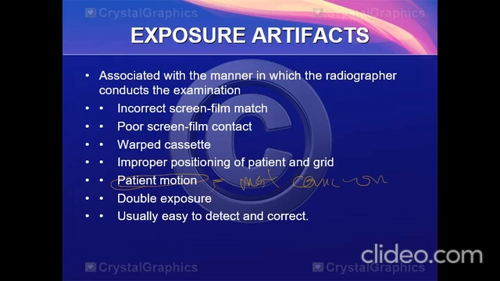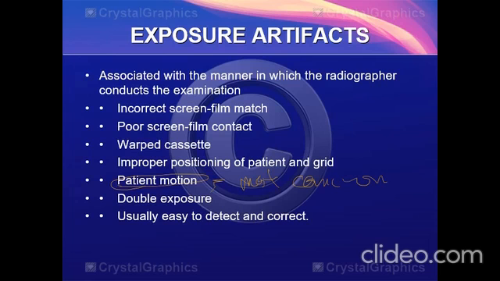Next is double exposure. So, if you have used the film inside the cassette and you forgot to take out that film because your co-rad tech did not inform you that that cassette has already been exposed, and then eventually he or she left it at the control console, and you x-ray another patient, you use the same cassette, so there will be double exposure.